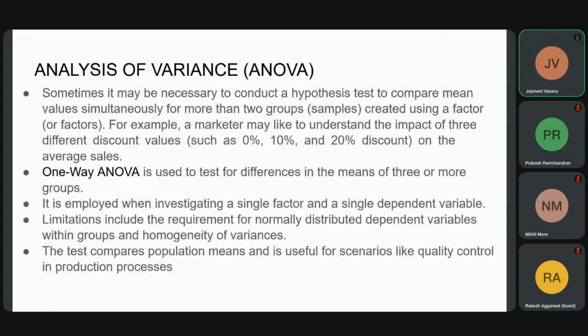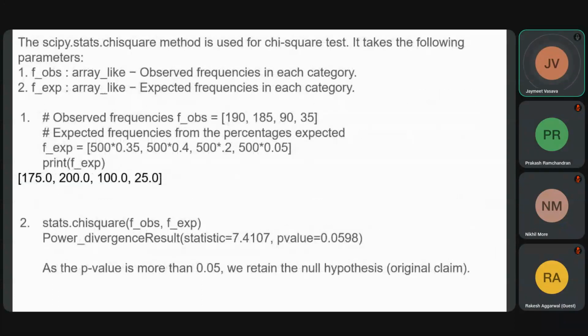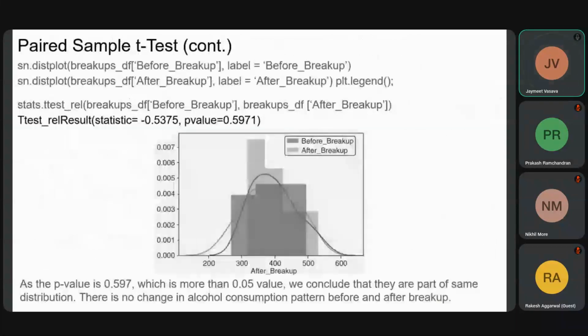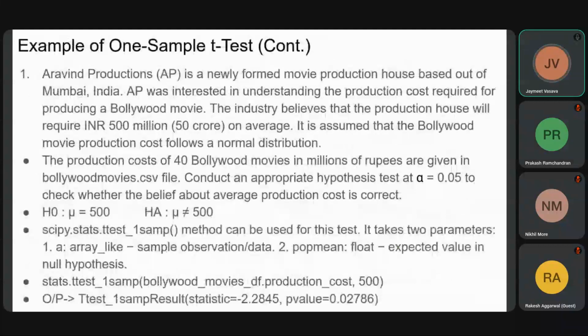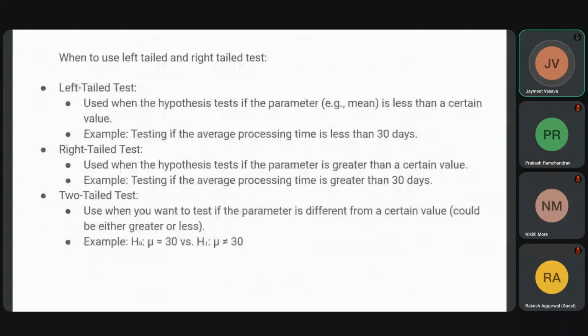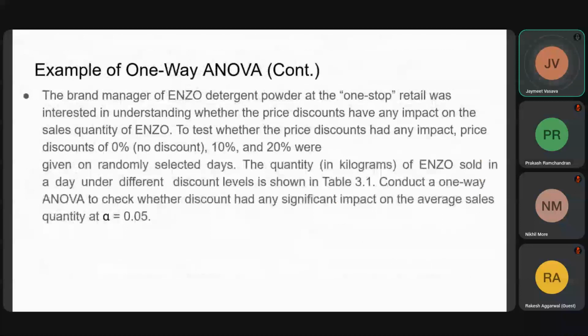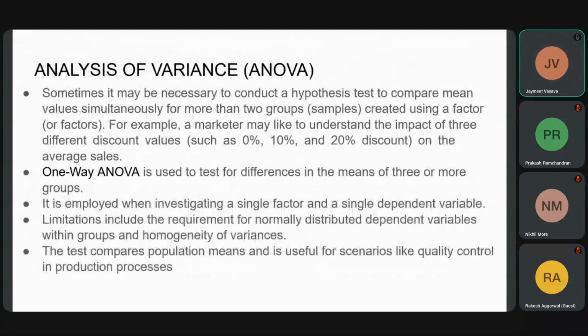Now, moving further with the analysis of variance, or ANOVA. We were dealing with different kinds of changes in the previous observations for chi-square, paired sample t-test, two sample, one sample t-test, and the z-test. ANOVA is used to compare mean values simultaneously for more than two groups or samples created using a factor or factors.